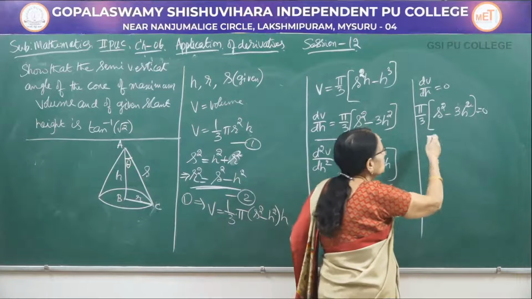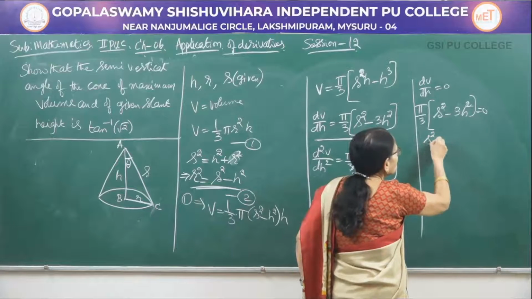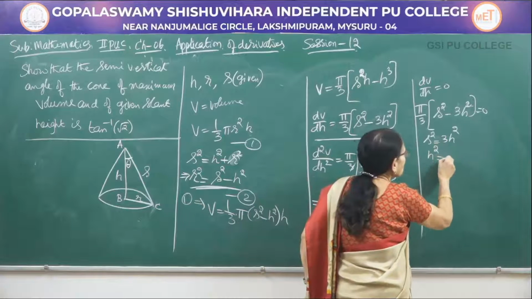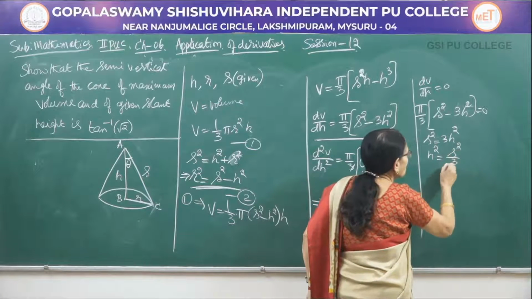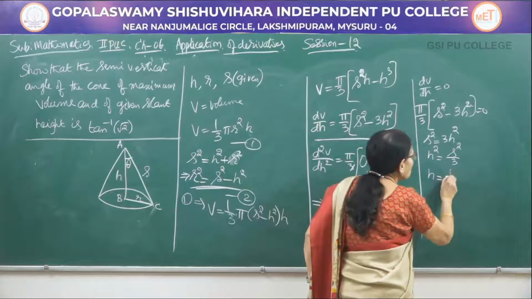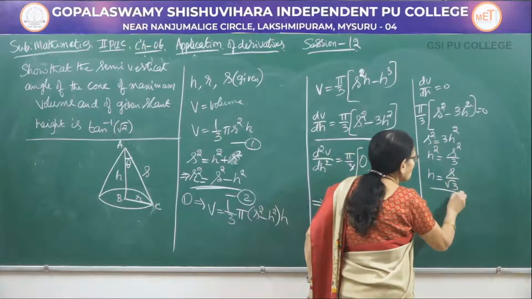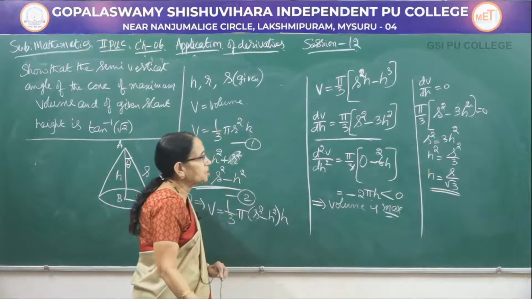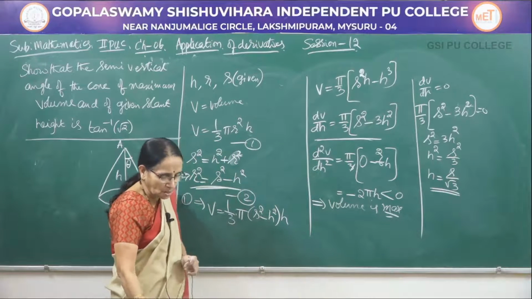Pi by 3 cannot be equal to 0, being a constant. S square equal to 3H square, or H square is S square by 3. Therefore, H is S by root of 3. So we got the value of H here.